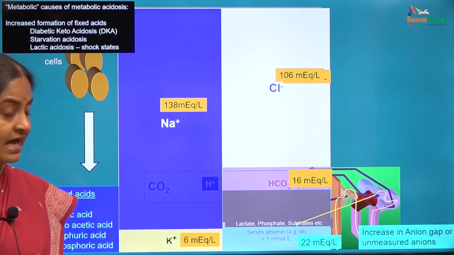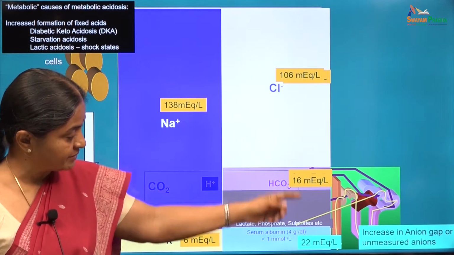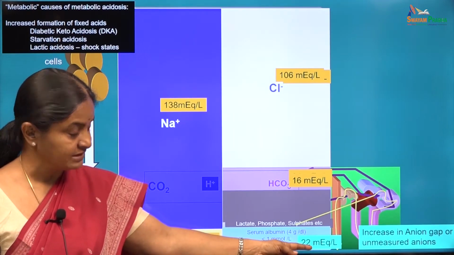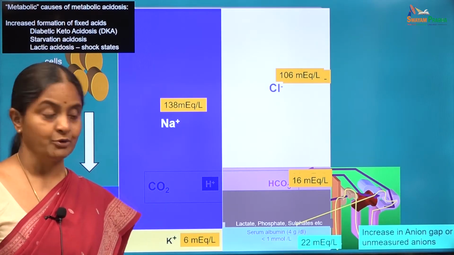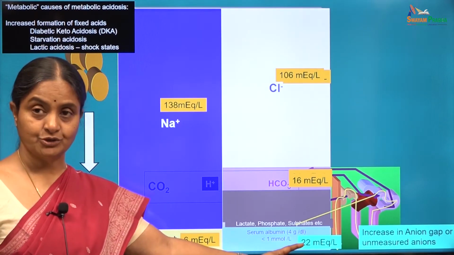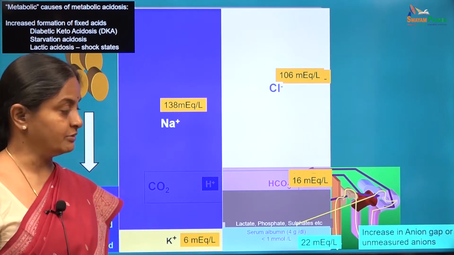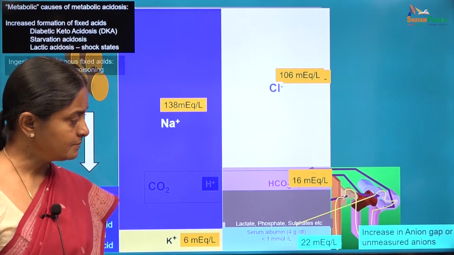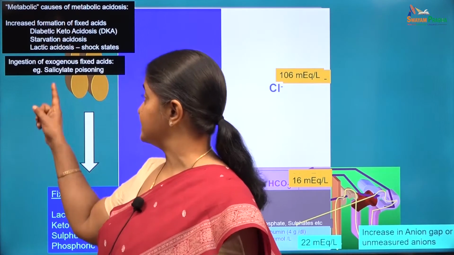If you calculate the anion gap, sodium plus potassium minus chloride plus bicarbonate, you would notice that the anion gap is higher. So what you get in these altered metabolic states is a high gap acidosis with normal or low or high chloride. There can also be exogenous fixed acid anions.